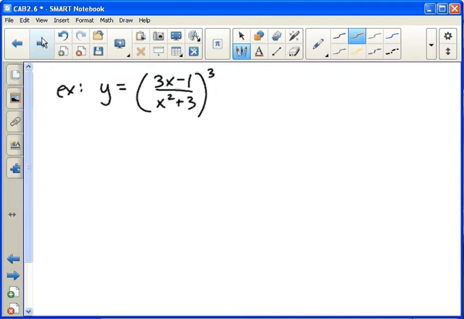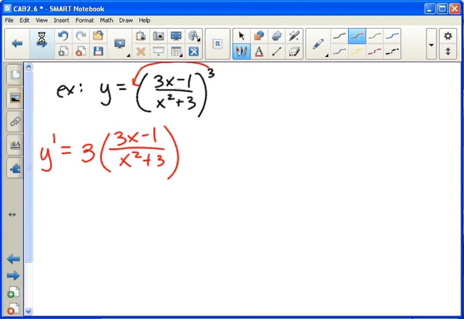So we do the derivative of the outside, meaning we just multiply by the 3, and subtract 1 from the exponent, times the derivative of the inside. Now to perform the derivative of the inside, I'm going to have to use the quotient rule. Because my top is 3x minus 1, my bottom is x squared plus 3.